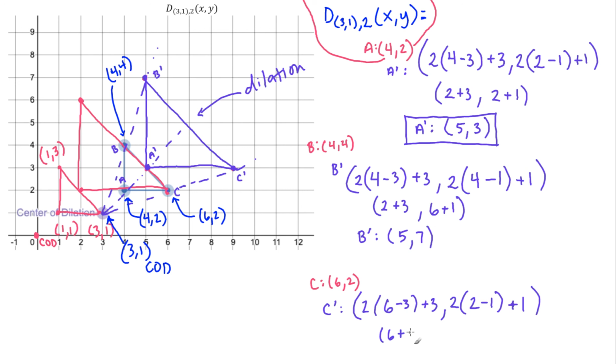So I get 6 plus 3. And then 2 minus 1 is 1. 1 times 2 is 2, plus 1. So my C prime, I'll put it right here. C prime is 9, 3. Let's check that. So 9, 3, and that's right. So cool. Let's do it again.